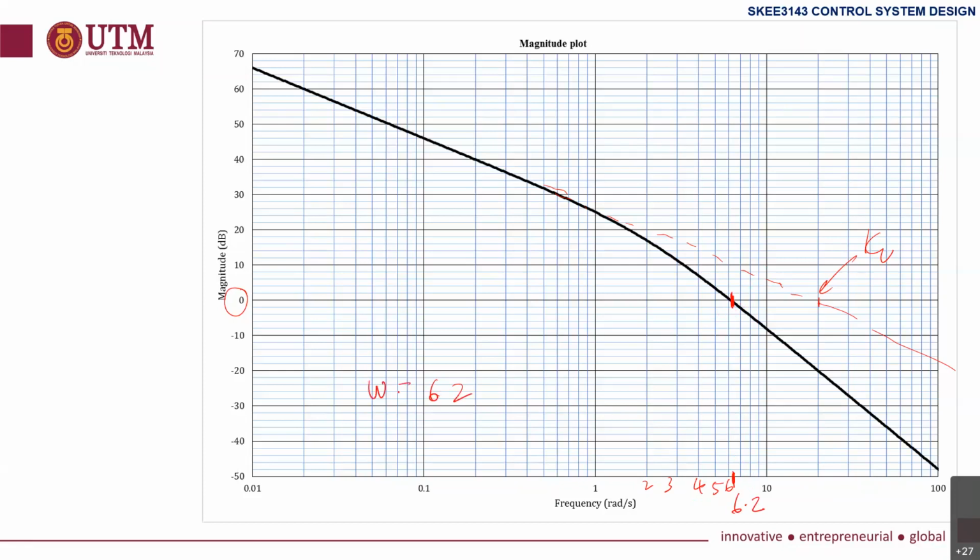Omega equal to 6.2 radian per second is the gain crossover frequency, when it crosses 0 dB. So that is 6.2 radian per second.